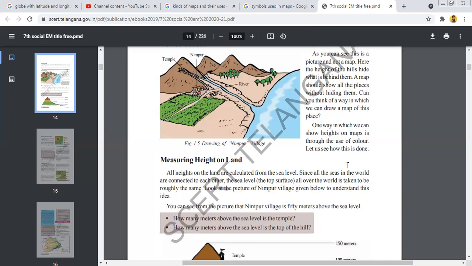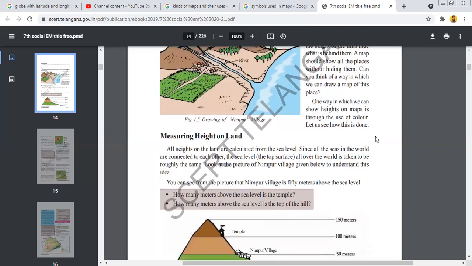That's why the sea level all over the world is taken to be roughly the same height. Clear?